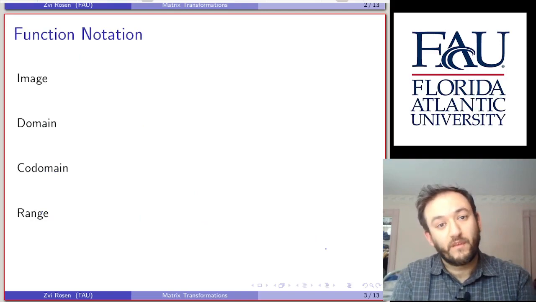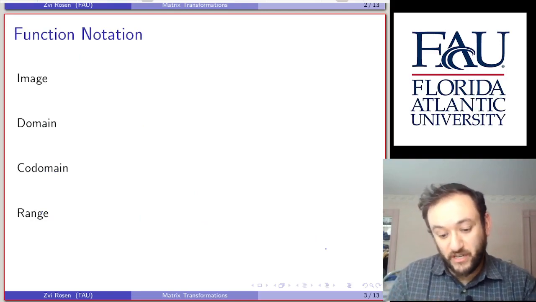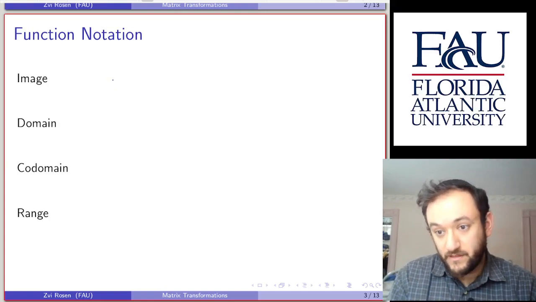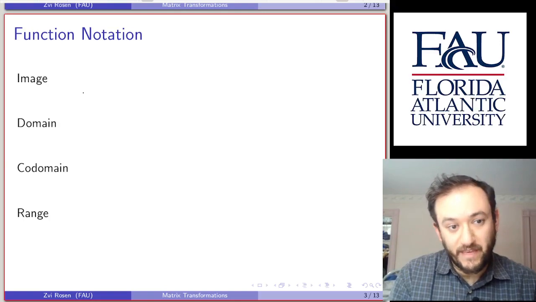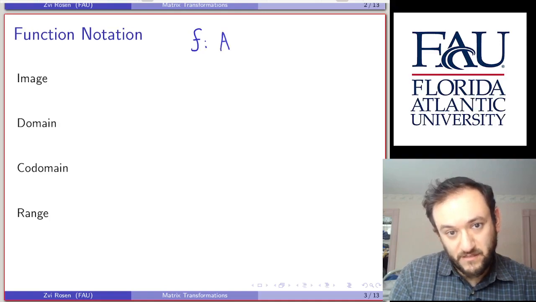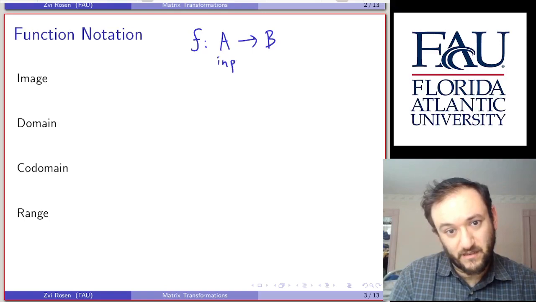Okay, so the vectors are going to be the inputs and outputs of our function. So let's recall some notation from the study of functions. So when we talk about the image, when we have a function f, which maps some set A to some set B, so these are inputs, and these are outputs.